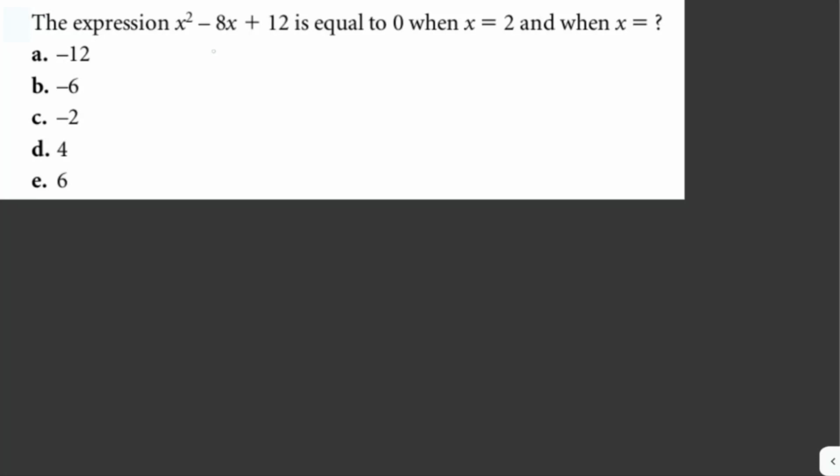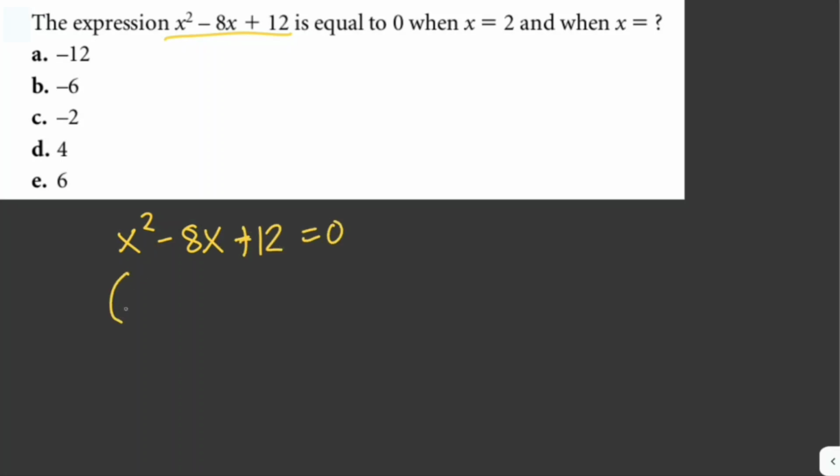Now we're given this expression, x squared minus 8x plus 12, and then we equate this to 0. To solve for the other factor, because we're already given one of the factors, which is x equals 2, we just have to factor x squared minus 8x plus 12.